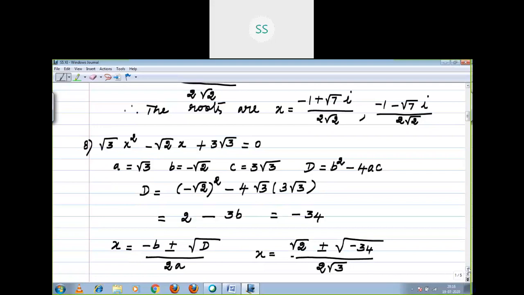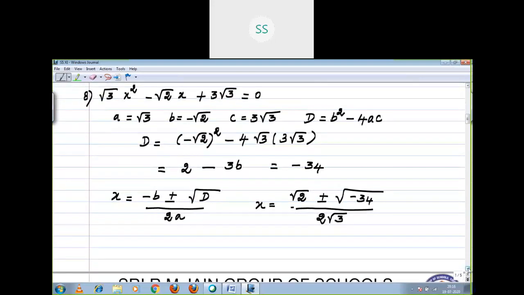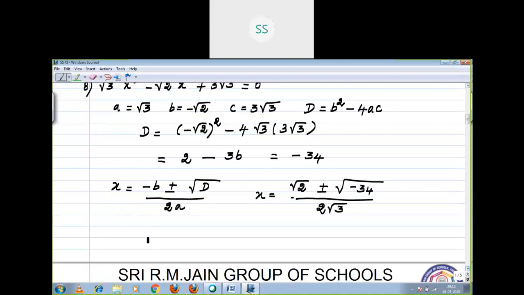Now we are going to write the solution part. x is equal to root 2 plus or minus root 34 into minus 1 divided by 2 root 3.